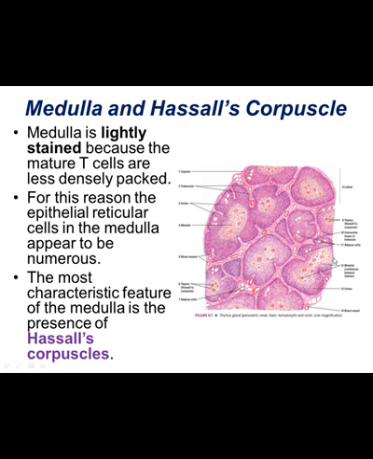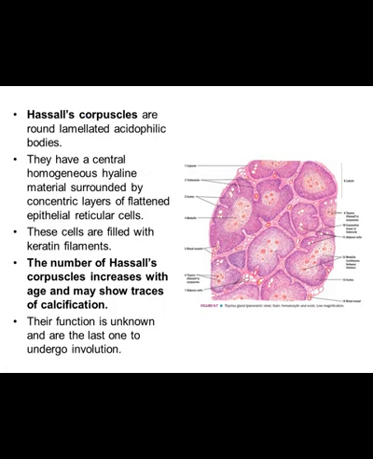The most characteristic feature of the medulla is the presence of Hassall's corpuscles or thymic corpuscles. These are the Hassall's corpuscles as we see in each medulla. These Hassall's corpuscles are rounded laminated acidophilic bodies. They have central homogeneous hyaline material which is surrounded by concentric layers of flattened epithelial reticular cells.